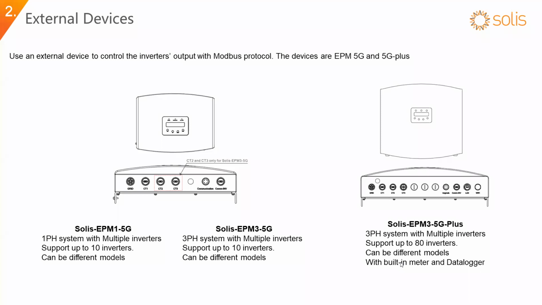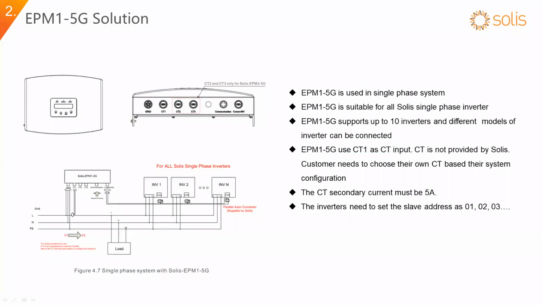And so about the CT, Solis will not provide the CT as a standard package because customers may have different requirements in terms of the wire, the cable dimensions, or the current flows on the grid connection point.